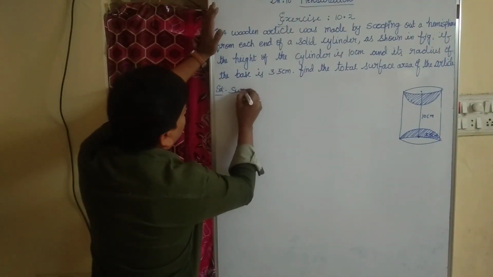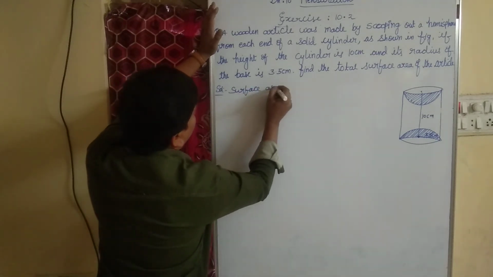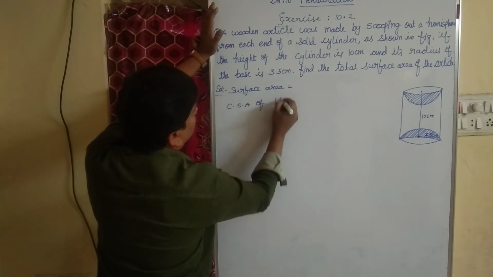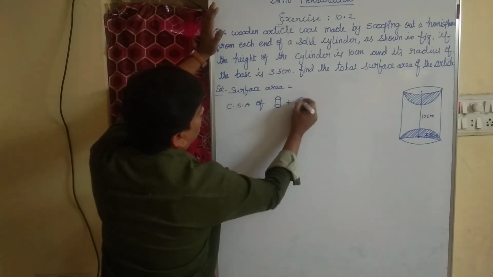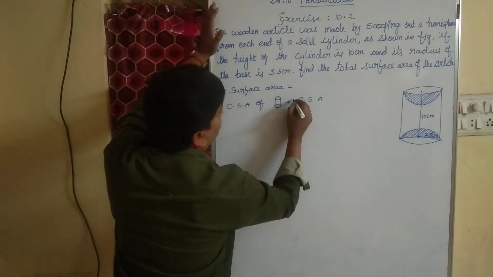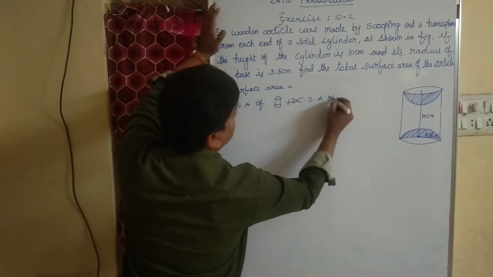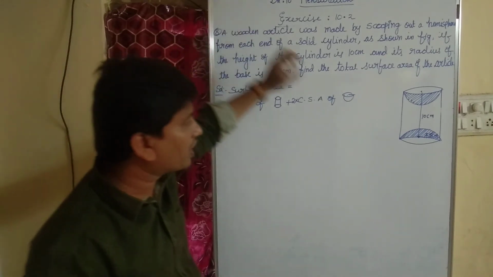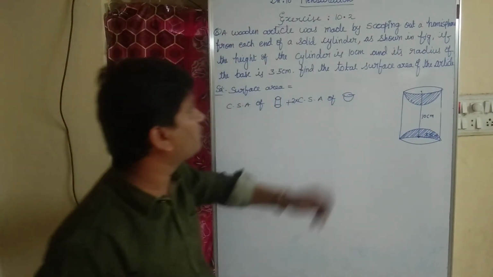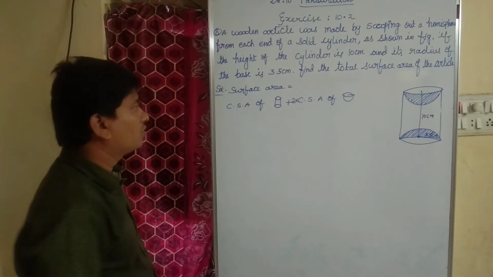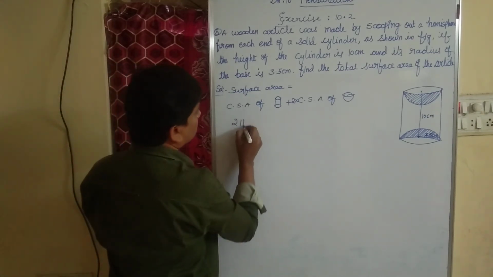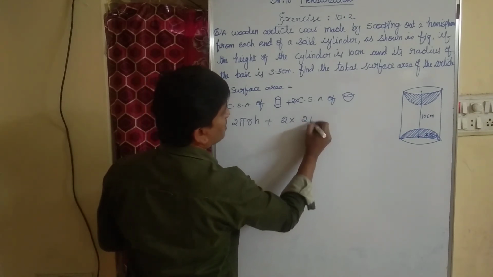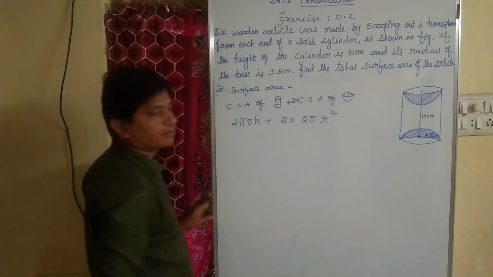So surface area is equal to CSA of cylinder plus 2 into CSA of hemisphere. Why are we adding 2 times? Because we have 2 hemispheres at each of its ends, right? Now CSA of cylinder is 2 pi r h and CSA of hemisphere is 2 pi r square.